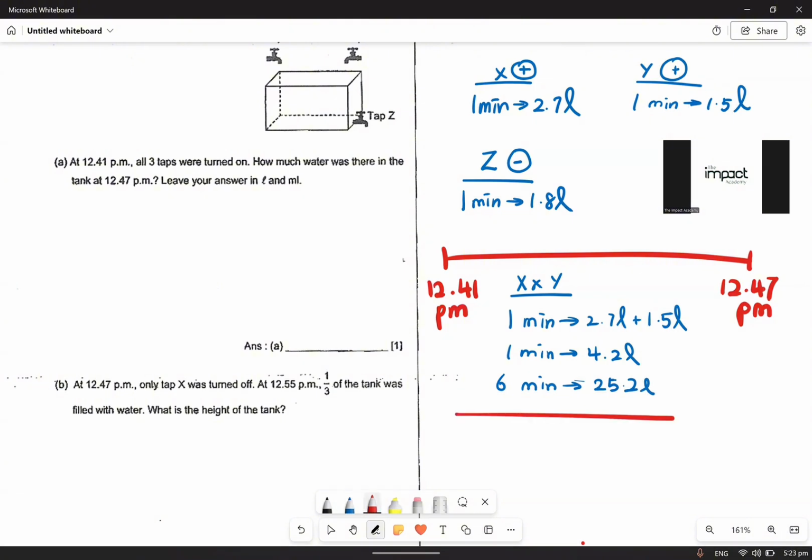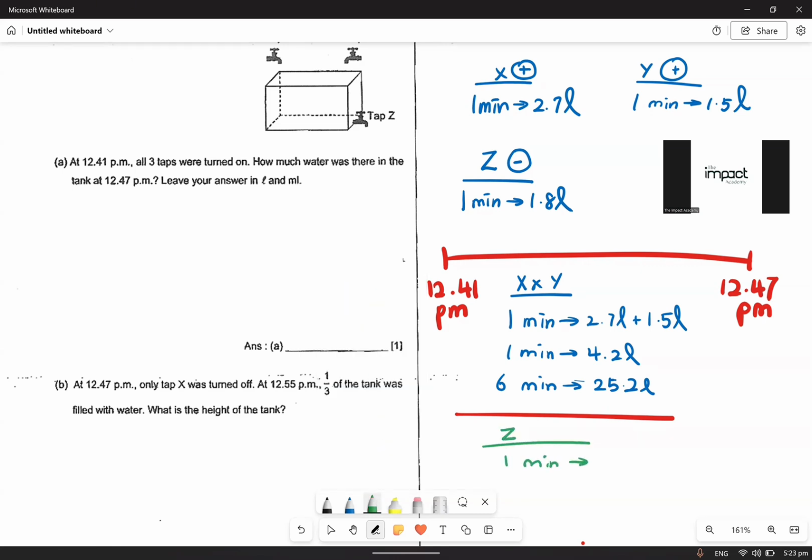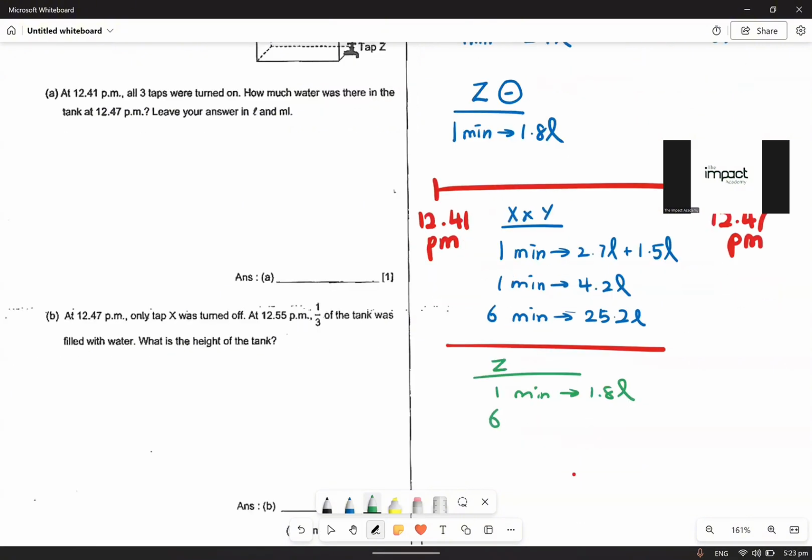Well, but don't forget that there's a Z right now. For Z, every 1 minute, what will it do? Every 1 minute, it will take away how much? 1.8 liters, right? Yeah, so over here, you have 6 minutes, right? I don't know why you wrote 7 minutes. 10.8 liters. Make sense or don't make sense?